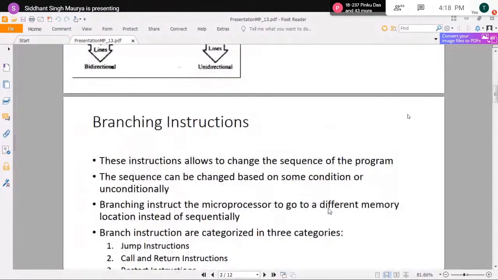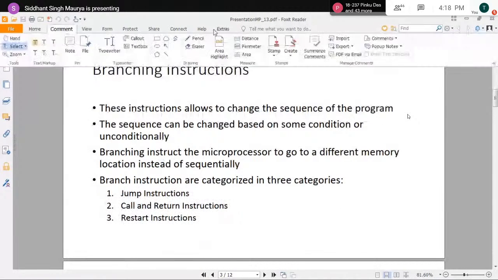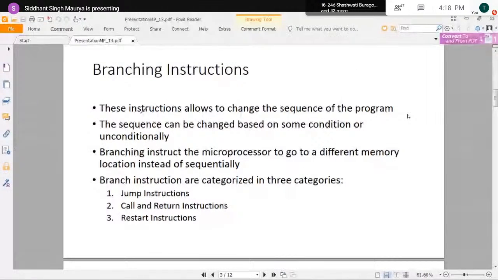Okay. So coming to the first slide, that is branching instructions. What are branching instructions? The first thing is that these instructions allow you to change the sequence of the program. For example, in 8085, we are writing this program in a digital format.